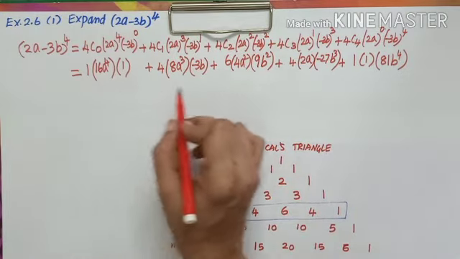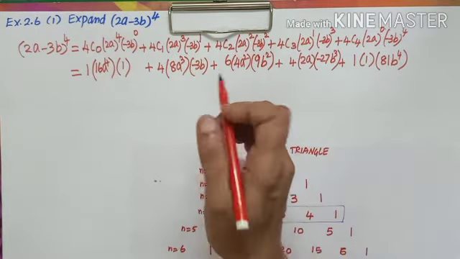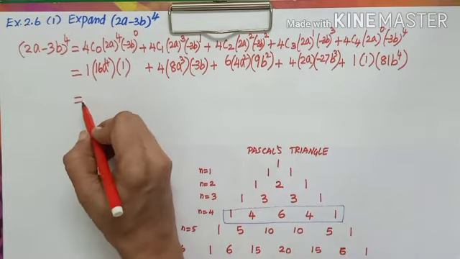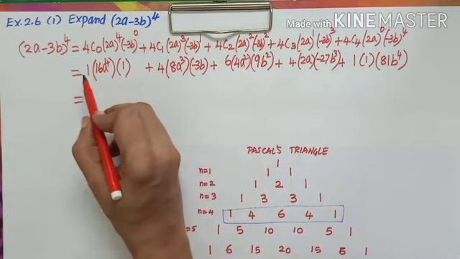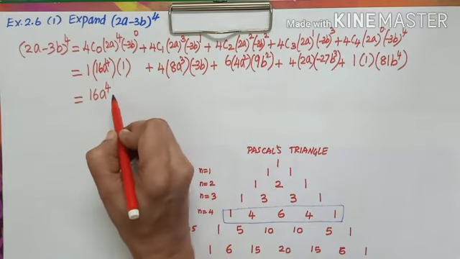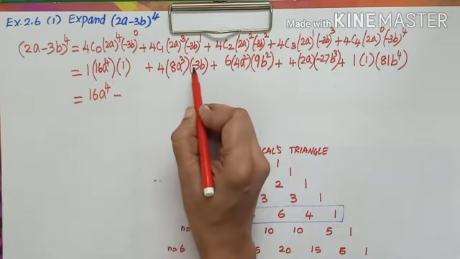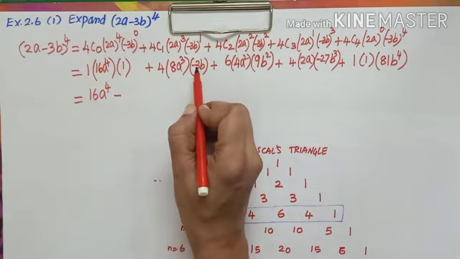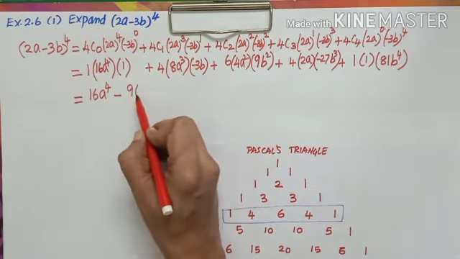So writing the second line counts a lot. Put the symbols properly, expand it properly. Now totally multiply and write: 1 into 16 into 1, 16a power 4. Plus symbol, there is a minus symbol, so all together minus. 4 3s are 12, 12 8s are 96.